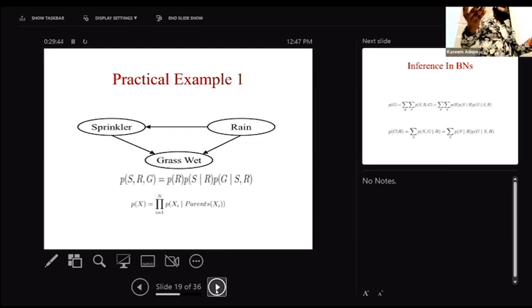No. So whether I'm actually going to put on a sprinkler or not, it depends on the season. Now take a look at that. So which means for grass to be wet, it depends on whether rain falls or the sprinkler is on. And don't forget, using the sprinkler depends on rain. Any question on that structure? Any question? Okay. Oh, go ahead.